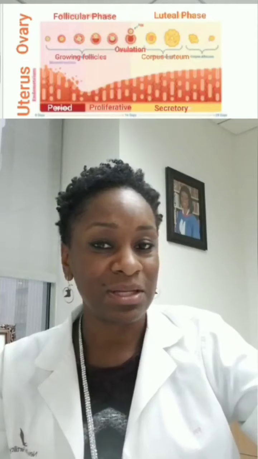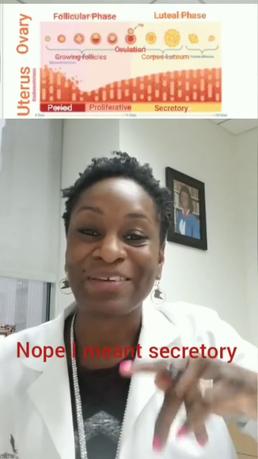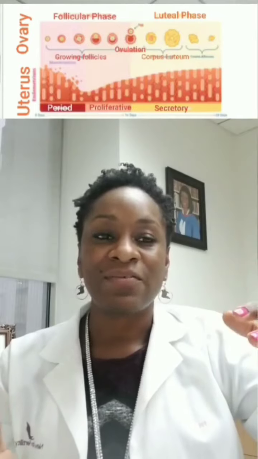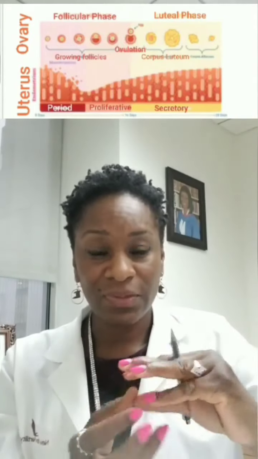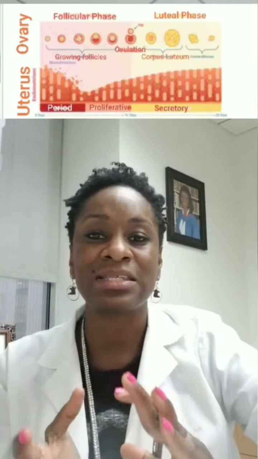At the same time, this second phase I'm talking about, the ovary's luteal phase, in your uterus you have the secretory phase. In the secretory phase, special substances are secreted into the endometrial lining.